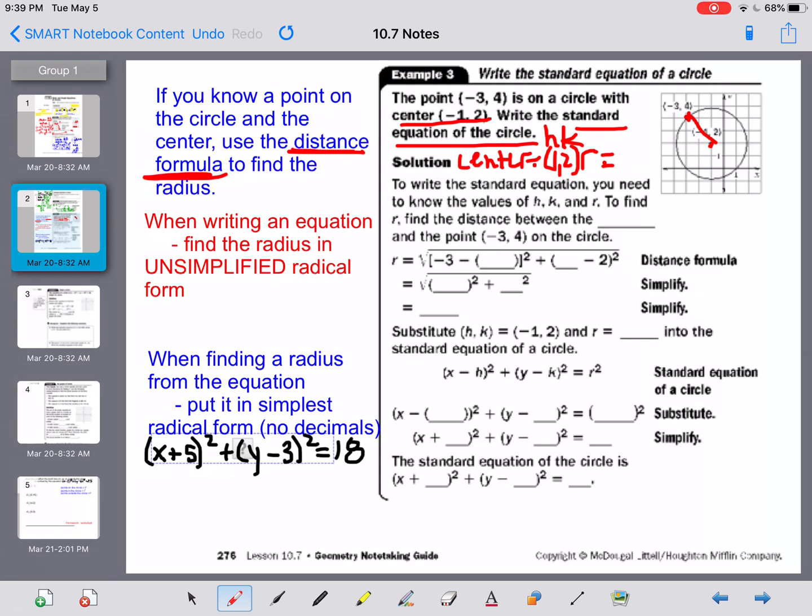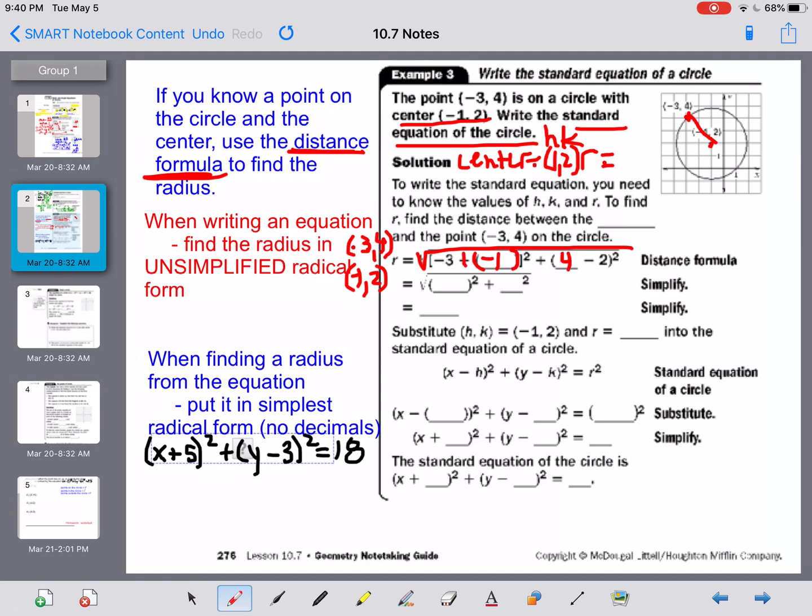All right, so I am going to use the points -3, 4 and -1, 2, and I'm going to find the distance. Remember, it might have been a while, but I like these on there to remind you of this. -3 minus a -1, subtract my x's, subtract my y's, 4 minus 2.